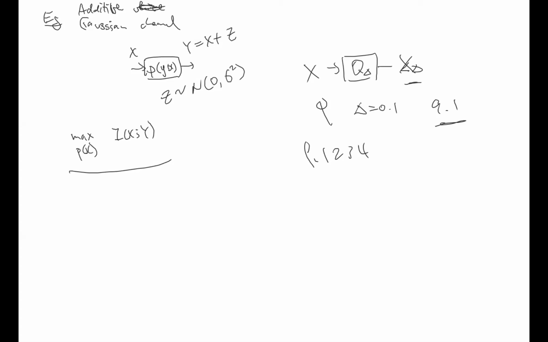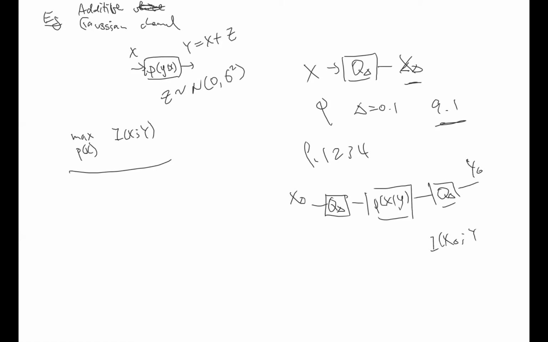But I want to say this is applicable to continuous random variables, because if you have a continuous channel, I can always discretize the input and output. So I have y delta and x delta, and I can make these quantization steps arbitrarily small.